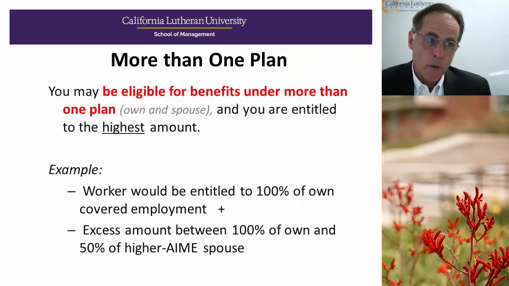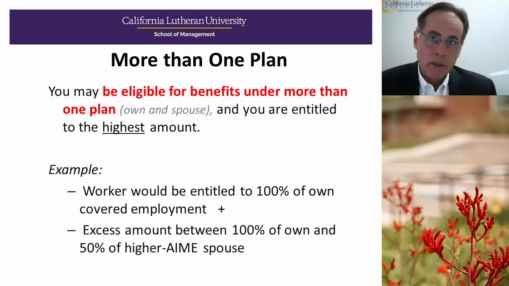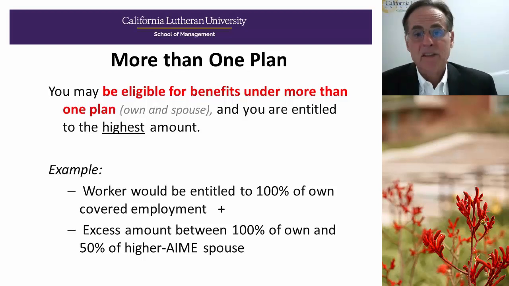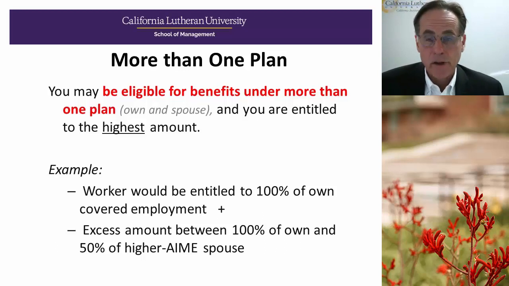Now, let's say a situation where both spouses have been working. That means that your clients may be eligible for benefits under more than one plan, either their own or as the spouse of a fully insured worker. And you're entitled to the highest amount. You're not entitled to both. It's not double dipping.